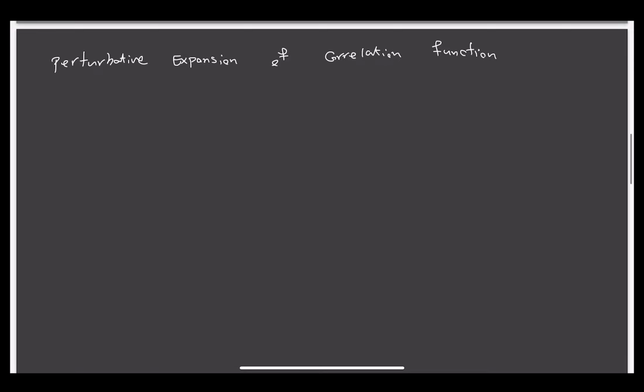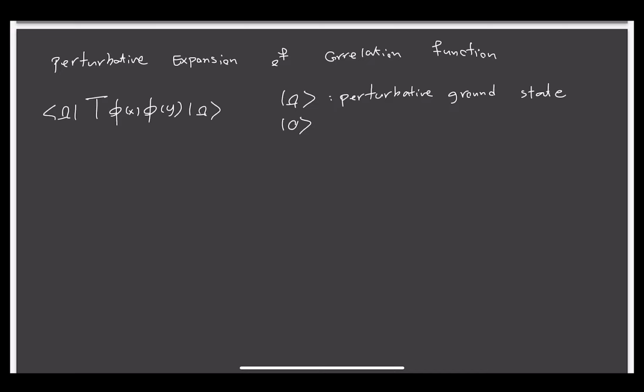So what we want to calculate is this expectation value. And I just have to mention that this omega is the perturbative ground state, and 0 is the free ground state.